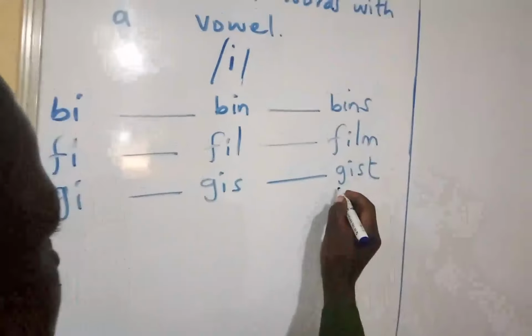Join one letter sound to make 4 letters will give you lists. Lists. Okay. Now you also have this. This is Me. Join a letter sound will produce mail. Mail. And with this to form 4 letters, we have milk.